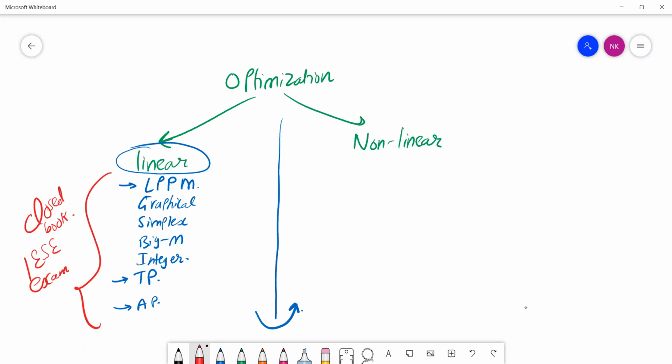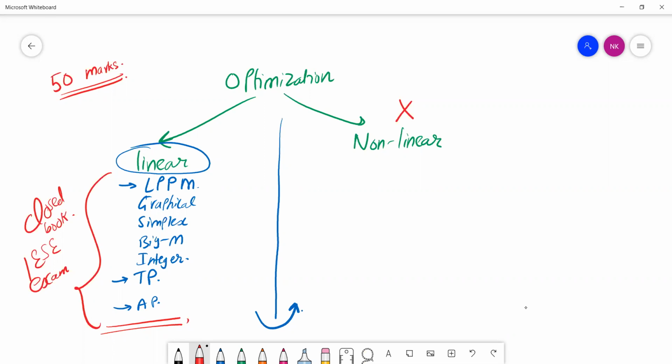Now the exam will be of 50 marks, and it will include all the topics from the very start to the current time. I won't include any content of nonlinear optimization in that exam, but till our previous session, all the content will be included.